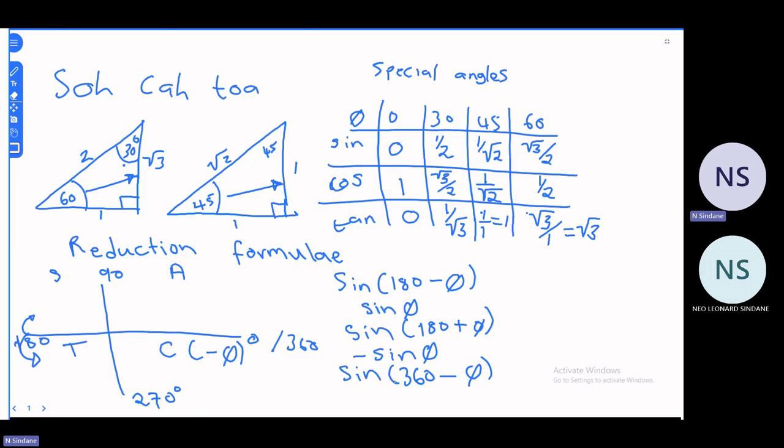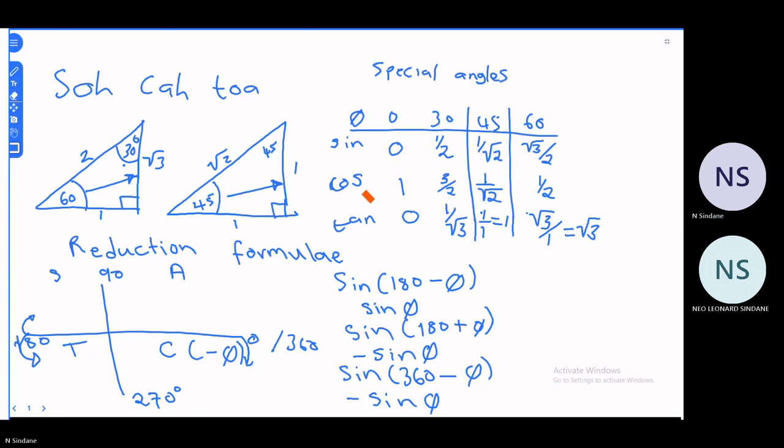When you say sine 360 minus theta, in this case, you are saying this is the 360 line, but I want to come back to this side, right? When I come back to that side, I'm coming back to the side where cos is positive. Only cos is positive in this side. Therefore, my sine will be negative. Negative sine of theta, right?